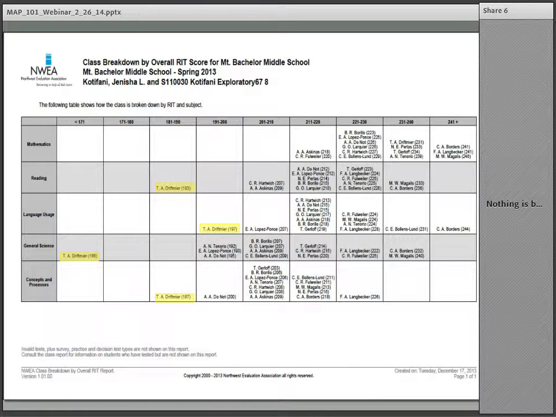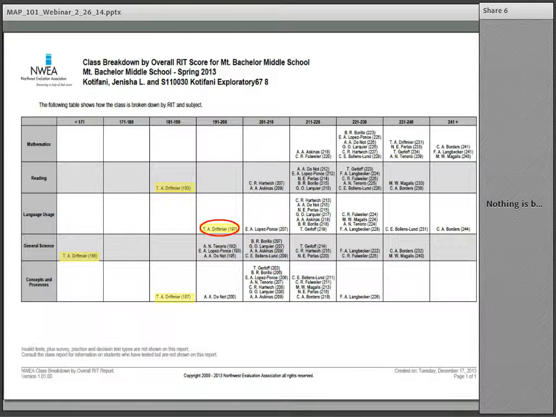So if we look at mathematics in the RIT band 231 to 240, T.A. Driftmeyer is the first name listed up there. So that student does very well in math on the MAP test, but in reading, language usage, general science, and concepts and processes, his RIT score would have been lower. Exactly.